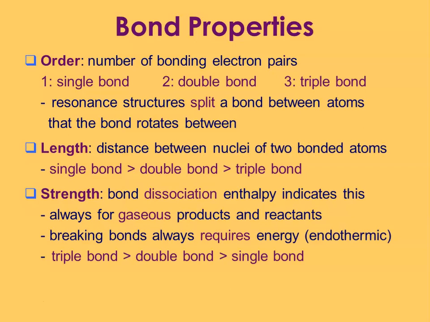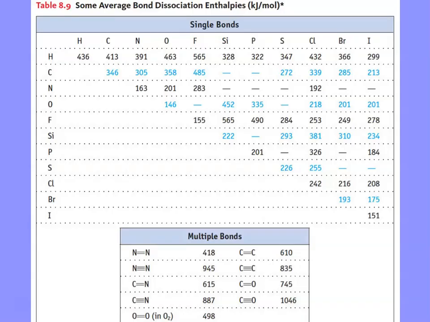We always have to break bonds by adding energy in. You will release energy to form bonds. So breaking bond is endothermic, forming bonds is exothermic. Because triple bonds have 3 electron pairs, they're going to have a stronger bond. They're going to require more energy to break than a double bond, which has 2 pairs, or a single bond, which has 1 pair.